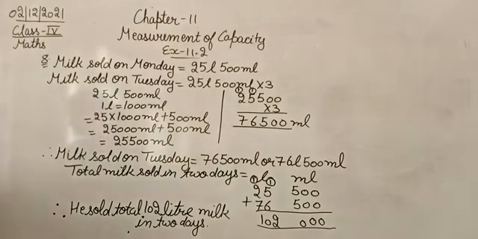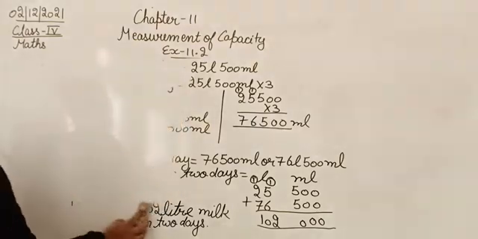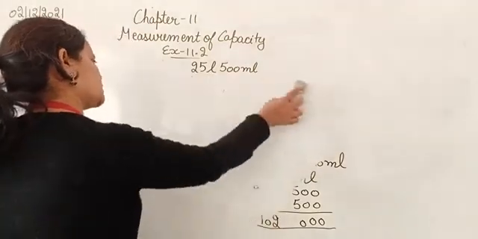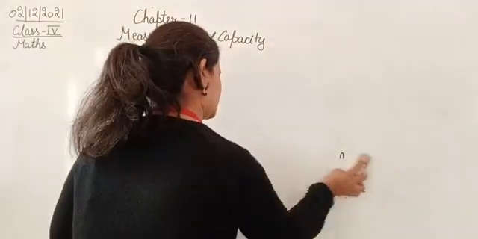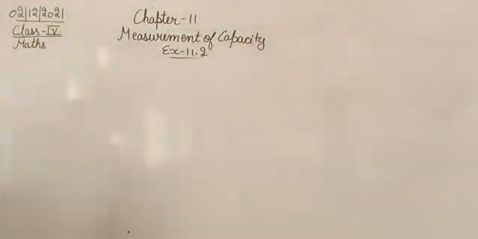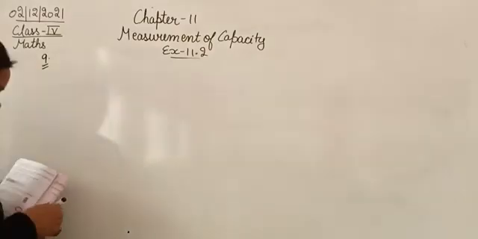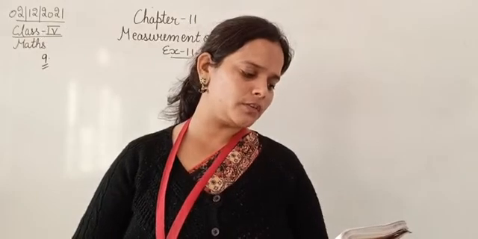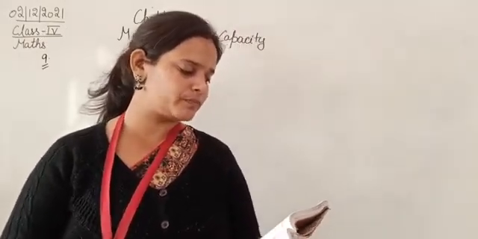Moving next to the question number 9. The question number 9 is: 6 bottles of Coke having 500 ml were shared equally among 12 friends at a birthday party.